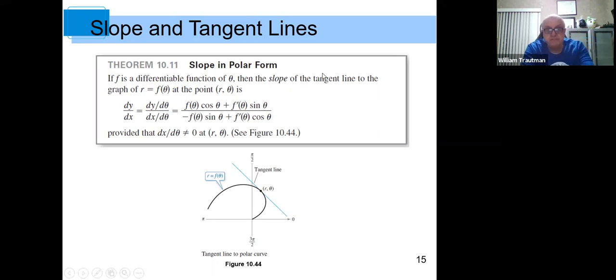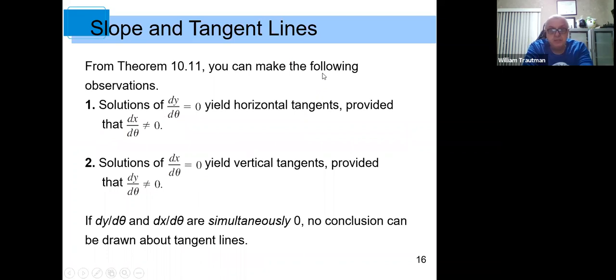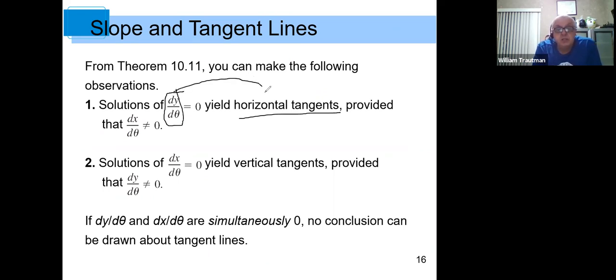All righty, that's theorem 10 and 11. A couple of things you need to know. When you're looking for the horizontal tangent line, it's going to be dy d theta. So these are things you have to know. When we're dealing with vertical tangent lines, you're going to have to look at dx d theta.